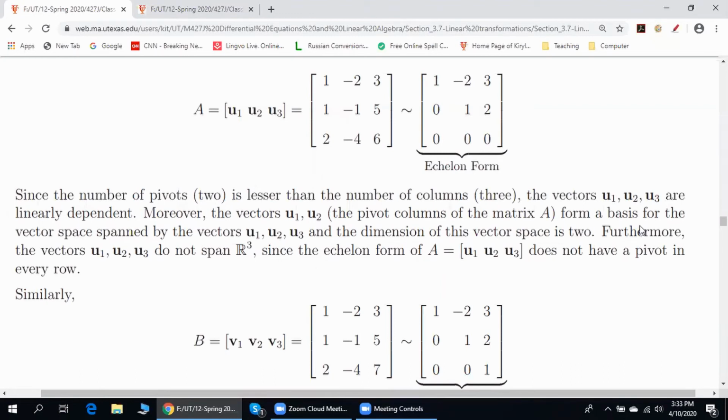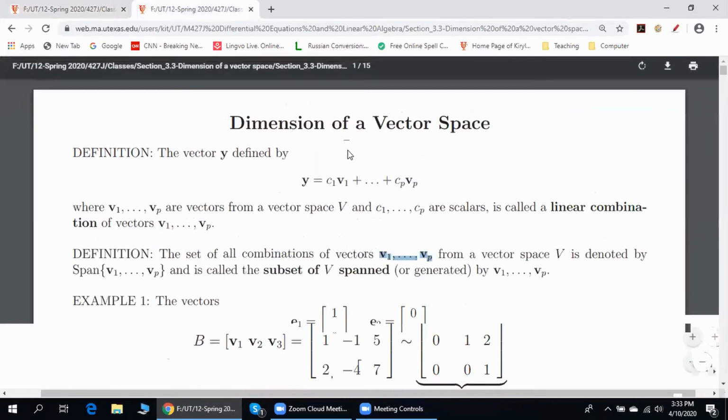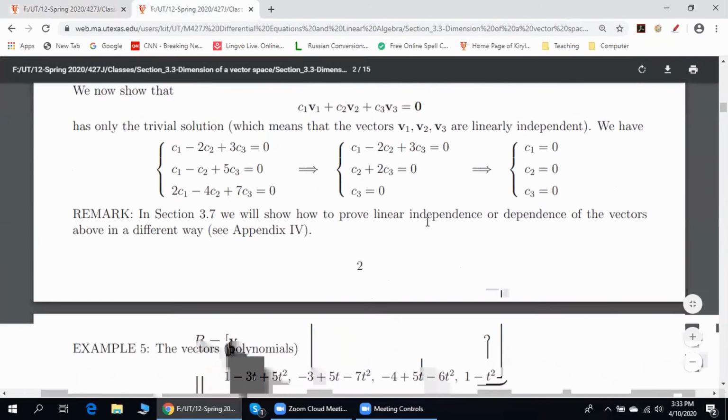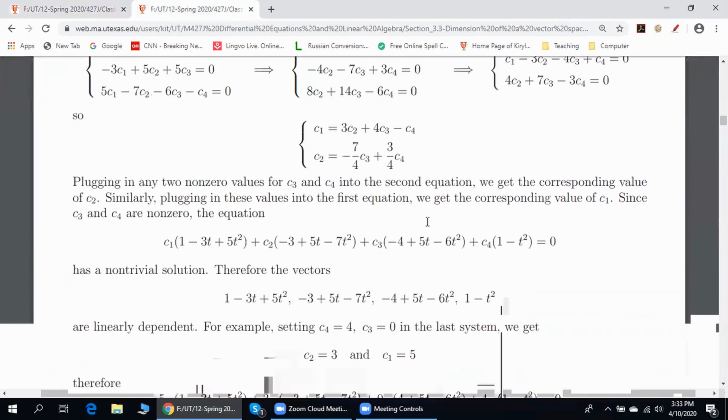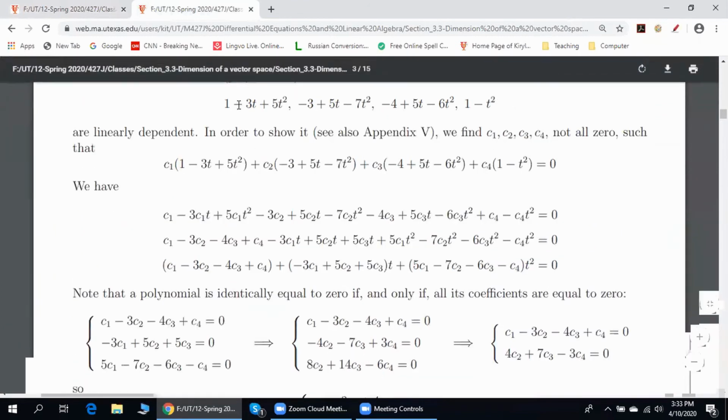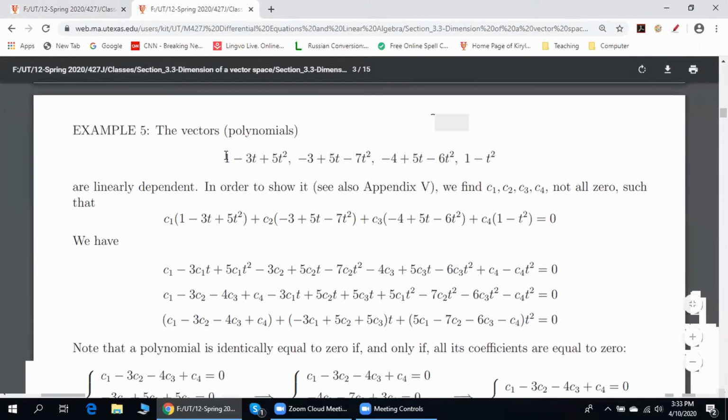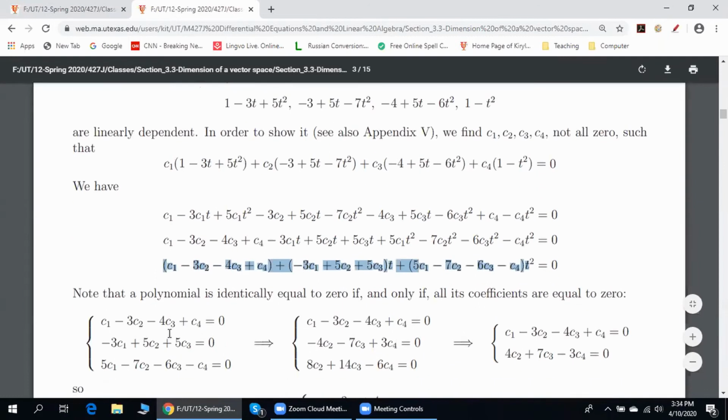Other questions? I have a question. What if your vectors are made up of polynomials? Would you still be able to use this? Okay. If we have polynomials, let us go back to this handout. Here we have polynomials. In order to determine whether or not these polynomials are dependent or independent, let us consider their linear combination, expand parentheses, regroup, and then set up a system.